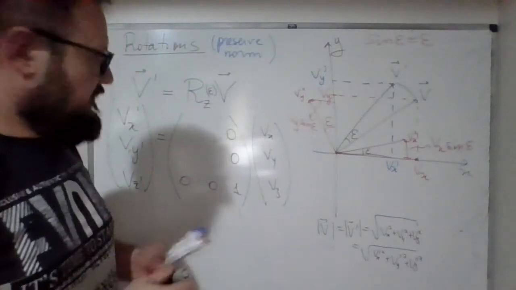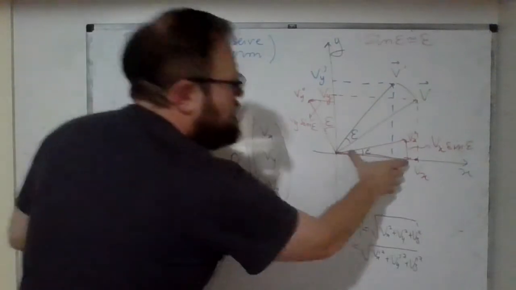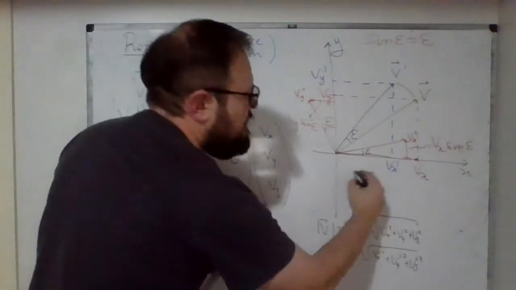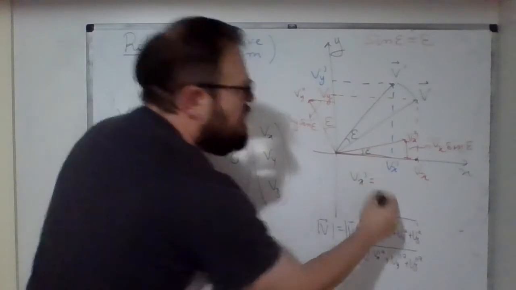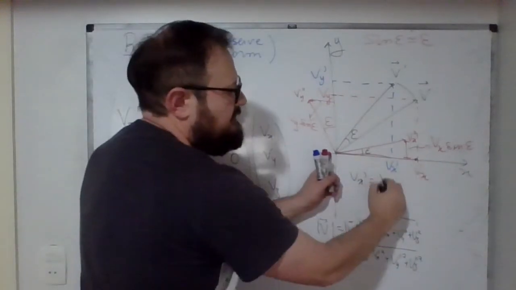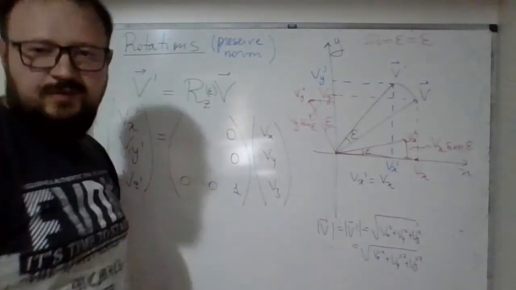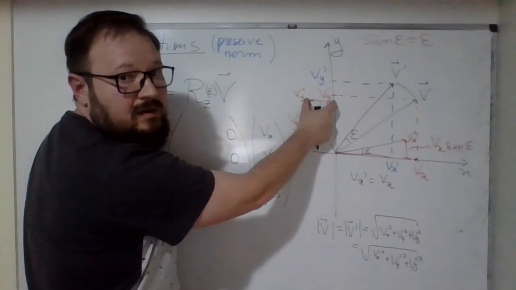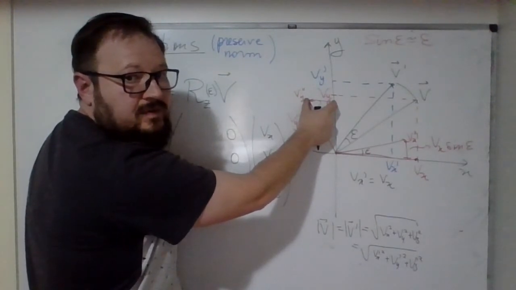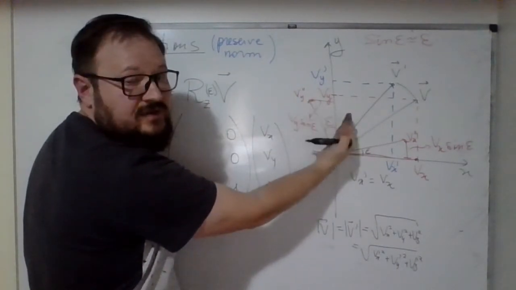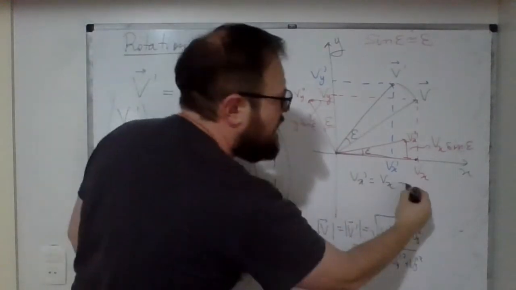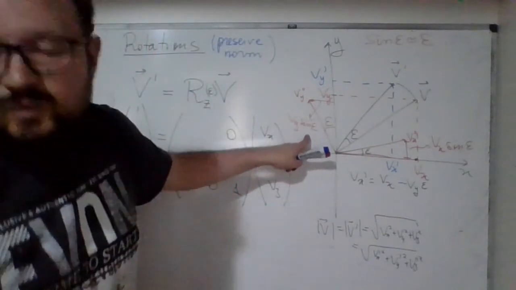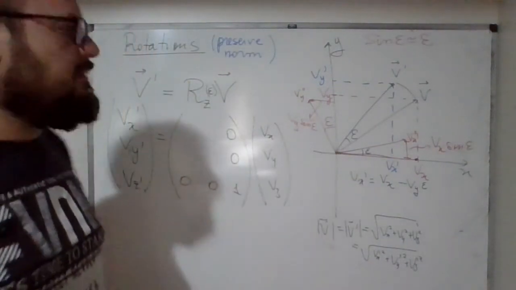So, of course, when you rotate by an infinitesimal, I can see that the Vx primed here corresponds to the original Vx, right? Corresponds to the original, but minus that small amount which is produced by the rotation of the y component. So this is minus Vy times epsilon. Sine of epsilon, but we are approximating by epsilon, all right?